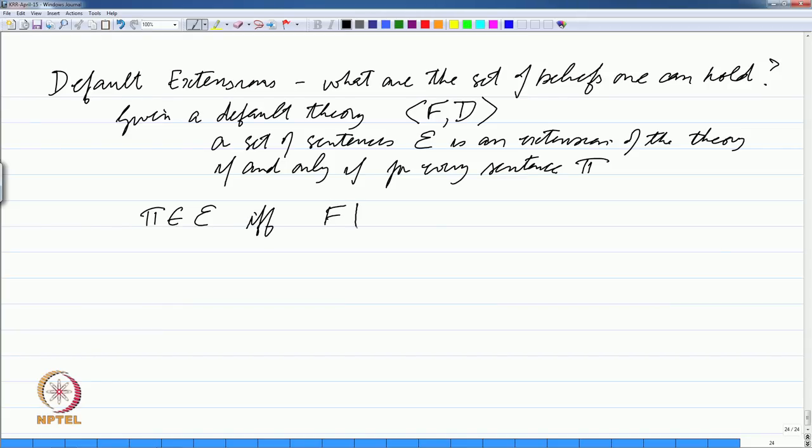the default theory union a set of assumptions that we can make, which are given by a set of sentences called delta, such that there must be a rule alpha which allows you to make that assumption, and that rule must belong to your default rules. Then alpha must belong to the extension.